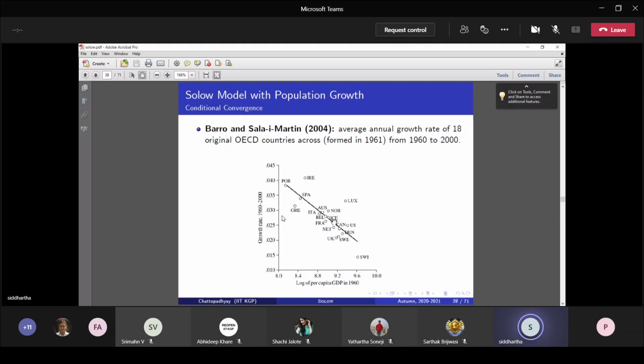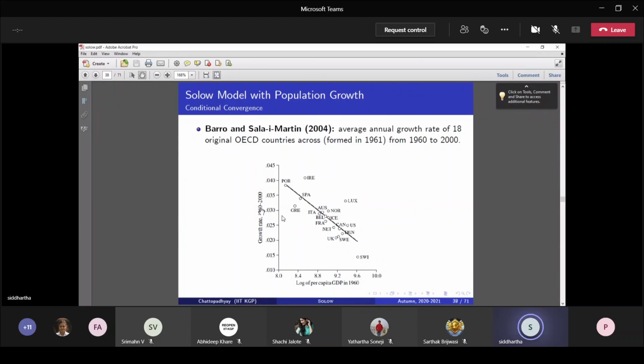Poor countries' growth rate is higher than the growth rate of rich countries. But if you take all the countries together, it is not satisfied. The technical term they use: if you take homogeneous countries, the prediction of the Solow model is satisfied. If you take a non-homogeneous set of countries, the prediction of the Solow model is not satisfied.